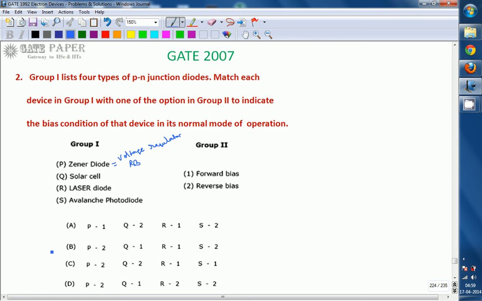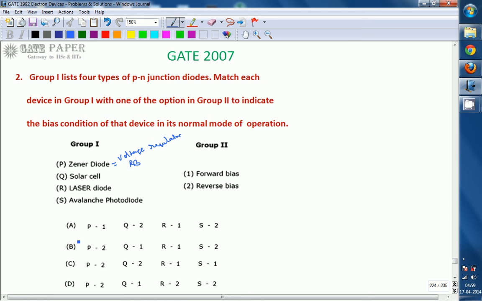Next, if you observe the avalanche photodiode, the principle of a photodiode is that the output current of the photodiode is proportional to the light incident on it. That is, light is directly influencing the current flowing through the diode.